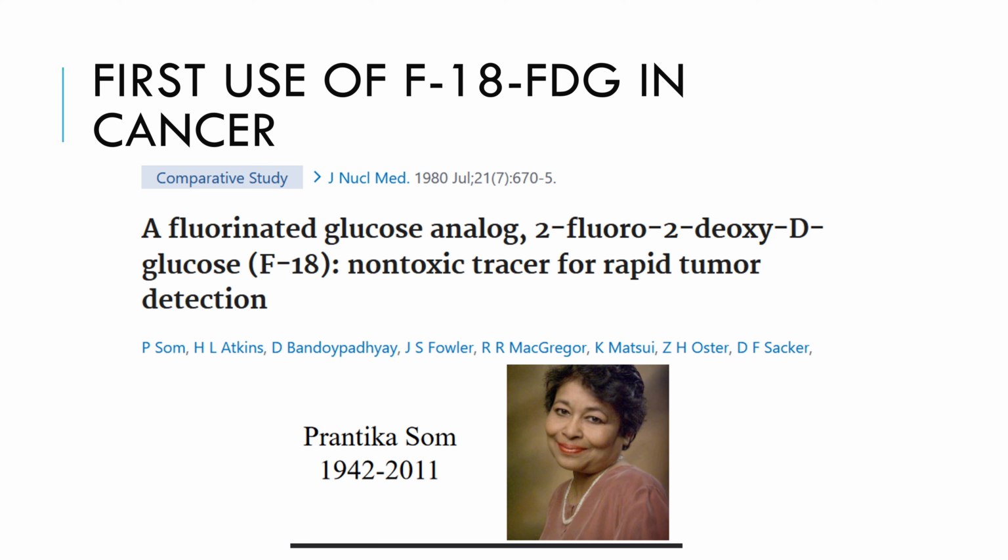You can take a picture of where the tumor is, both locally and regionally, in metastases. A colleague of mine, Prantika Som, at Brookhaven National Laboratory, was the first one to use F18 fluorodeoxyglucose in cancer.